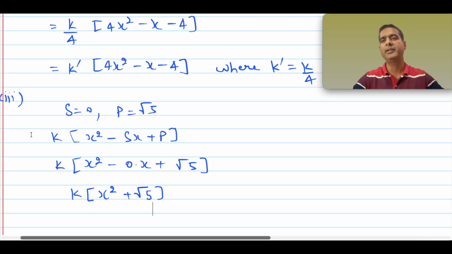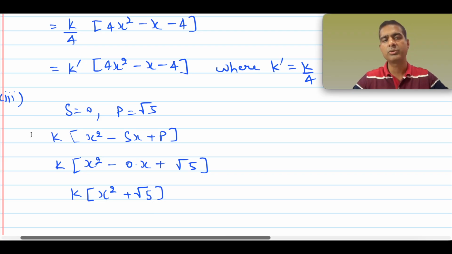So from here we can get x square plus root 5. So this is a quadratic polynomial whose sum of the roots is 0 and product of the roots is root 5. And if k is equal to 1, x square plus root 5 will be one of the infinite polynomials whose sum of the roots is 0 and product of the roots is root 5.